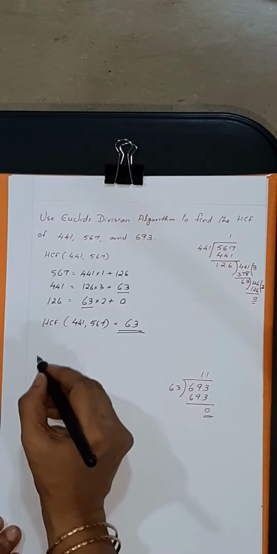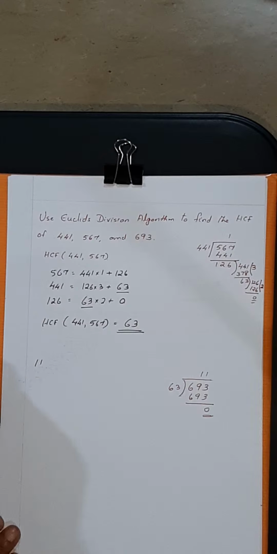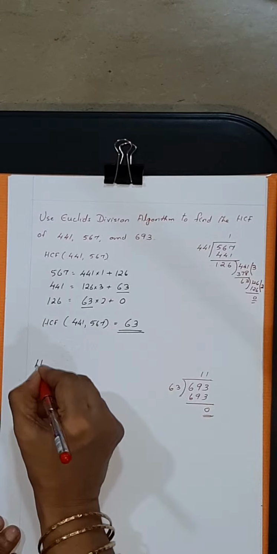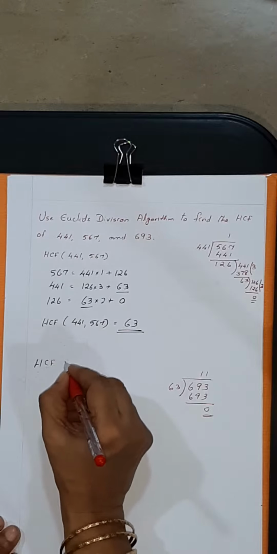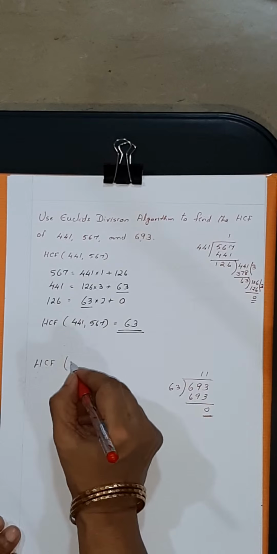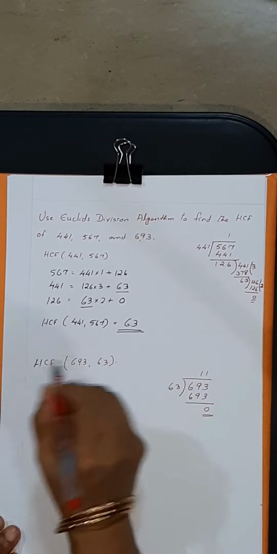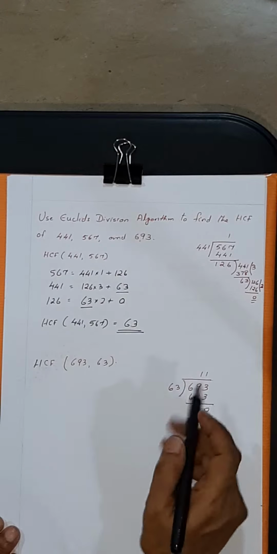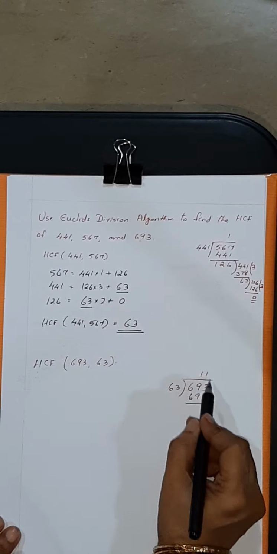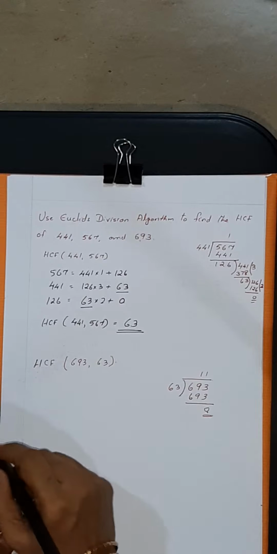Now you will find the HCF of the third number and this HCF, so 693 and 63. If you divide 693 by 63, you get 11 and the remainder is 0.